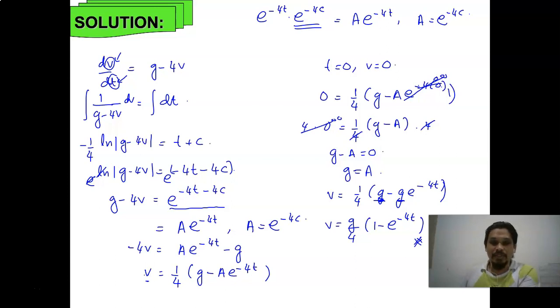Then the next question, question number 2: find the velocity of the object when t approaches positive infinity. So just now, v equals g divided by 4, 1 minus e power of negative 4t.